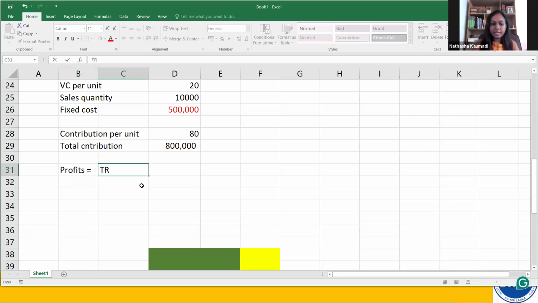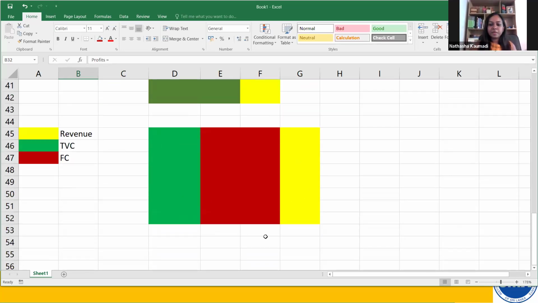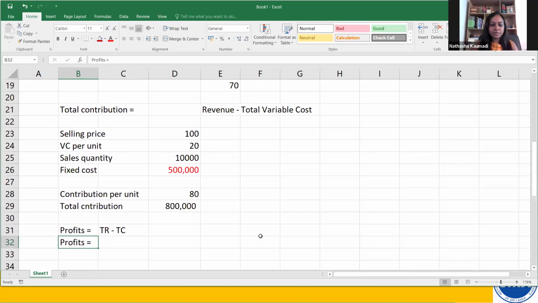That means TR minus TC. But now you know one new formula. What is that? Profits equal what? Profits equal total contribution minus what?